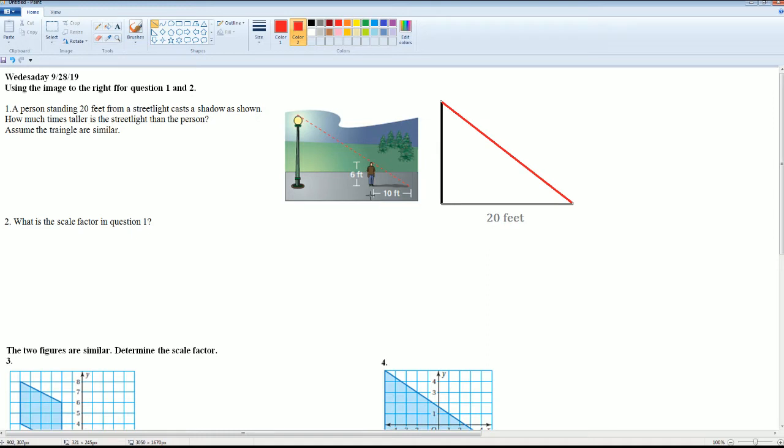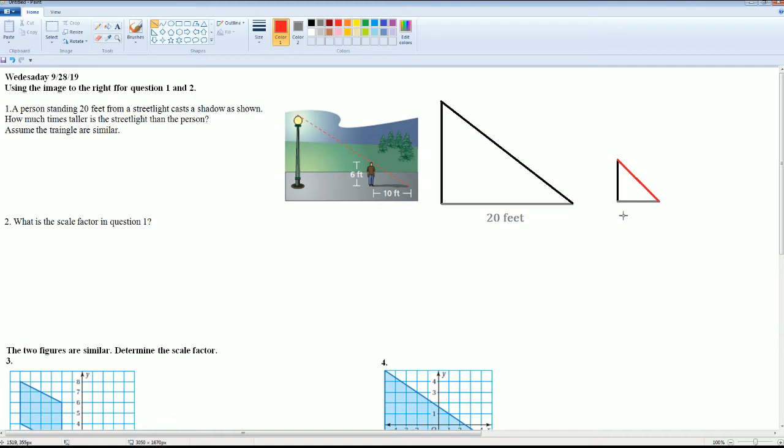Okay, the smaller person, let's do that. Let's draw the smaller person here. The smaller person is shorter. They cast a shadow, which is going to be smaller. That was supposed to be red, and the top one was supposed to be red.